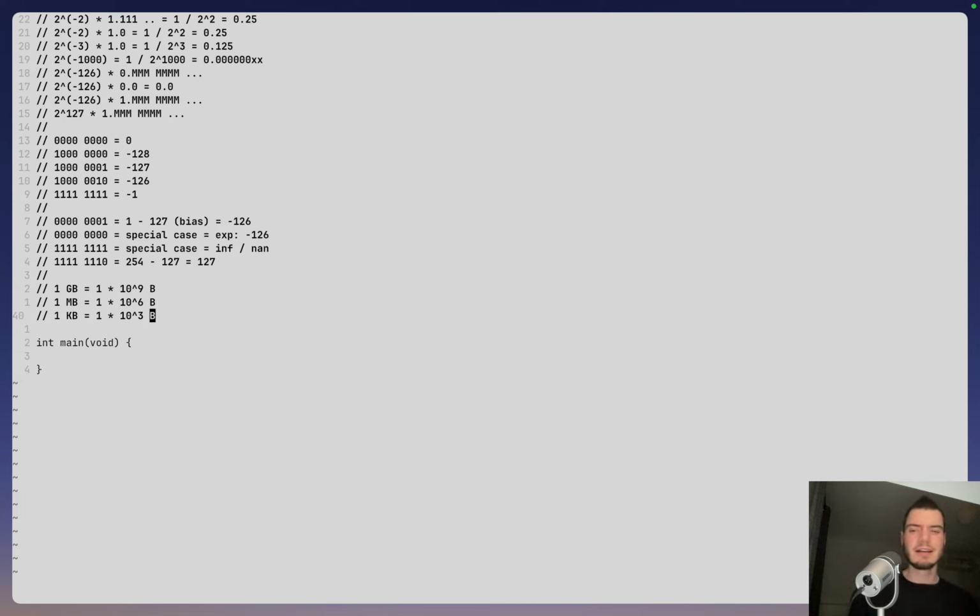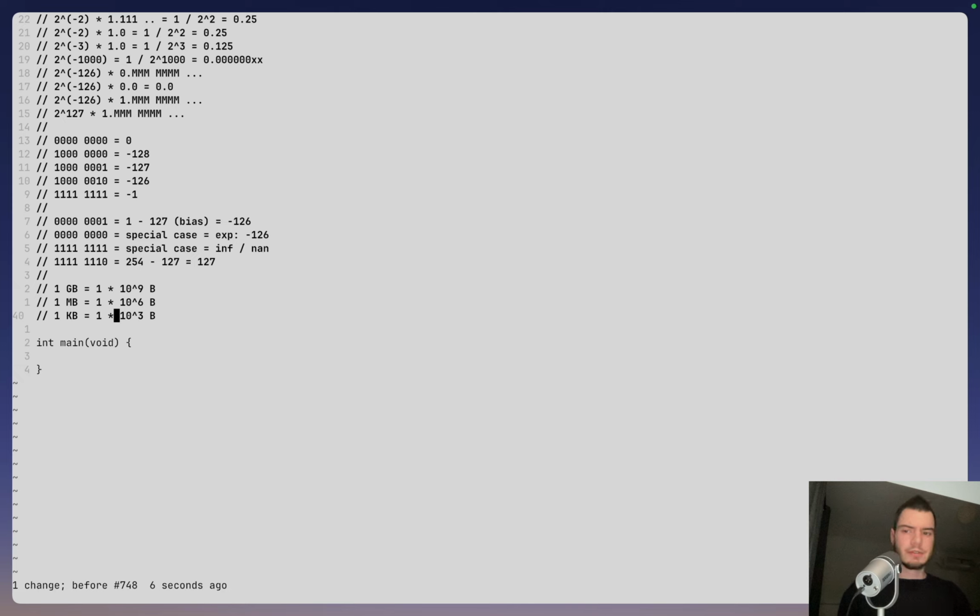And our floating point value works kind of similar to that, where this leading 1, or it could be any value if you have, for example, 2 kilobytes, is this factor in front. And then we have this 10 to the power of some exponent that we multiply that by. And the result of that is our actual numeric value.